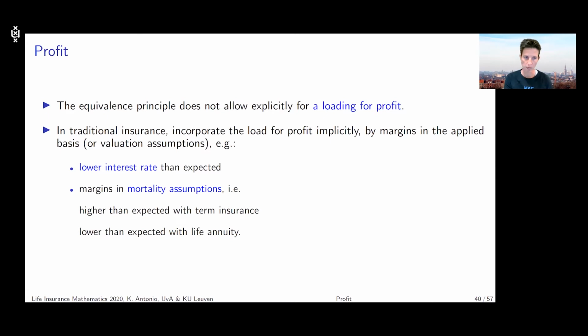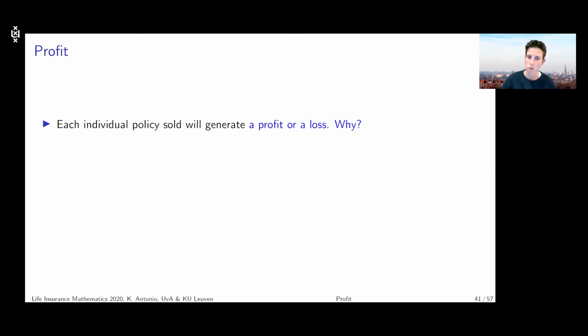So we're not going to play with the interest rate or the mortality assumptions, but we're going to look at the profit or the loss first at an individual contract and then at a group of contracts. And we're going to use the distribution of the profit or loss at the level of a group of contracts. We're going to use that distribution to determine a certain premium that will correspond to a certain level of profit or loss.